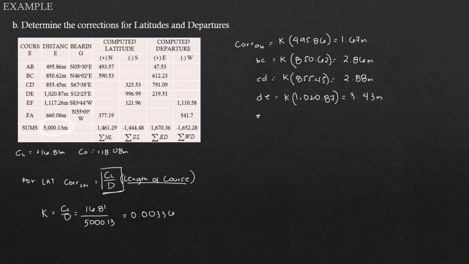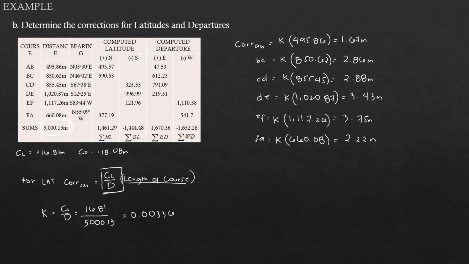Then correction sa EF natin ngayon is K times 1,117.26, is equal to 3.75 meters. Correction sa FA natin ngayon is equal to K times length ng FA natin, 660.08 meters, is equal to 2.22 meters. Okay, so yun na yung correction natin.